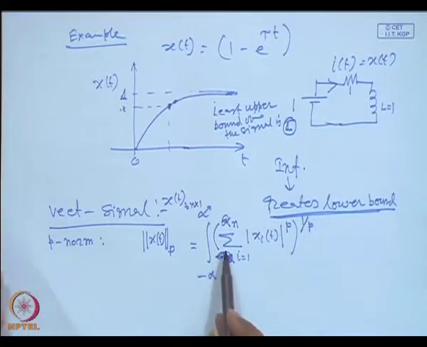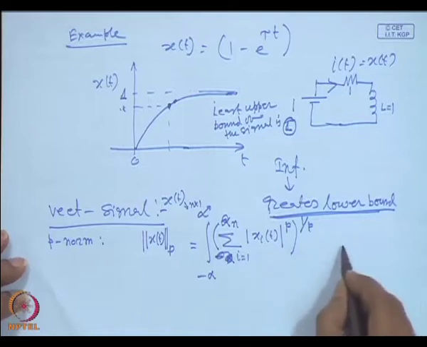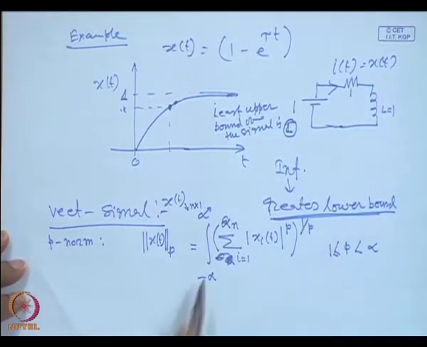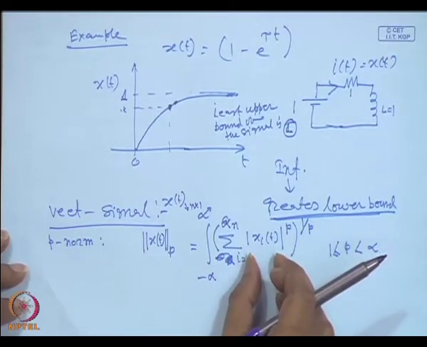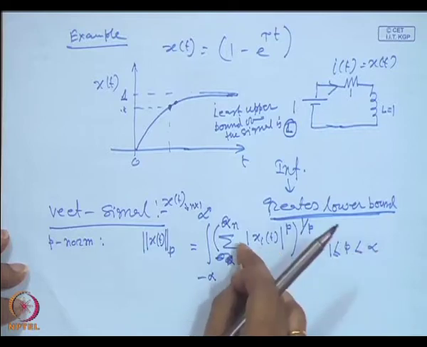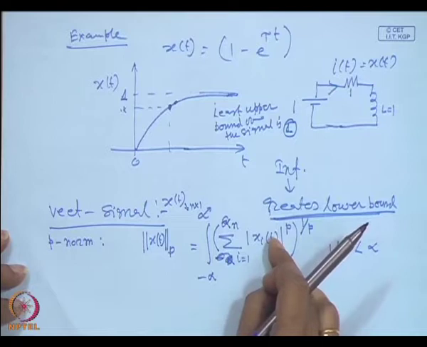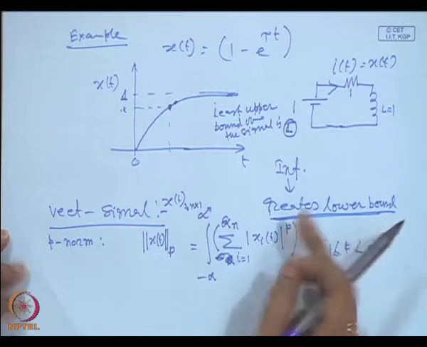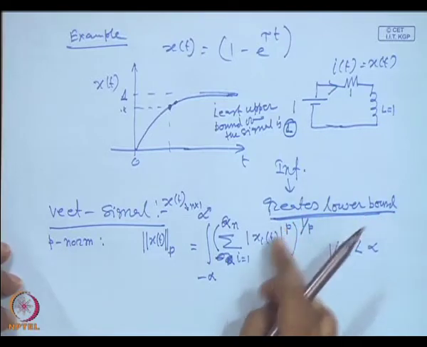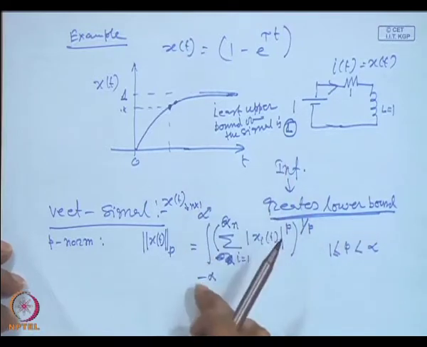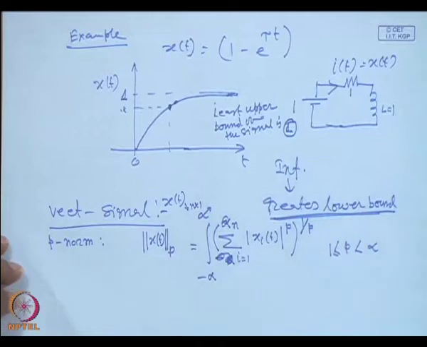Now what does this mean for p equal to 1? This indicates the absolute value of x i, for i equal to 1 to n, added all together, and then integrated from minus infinity to plus infinity.